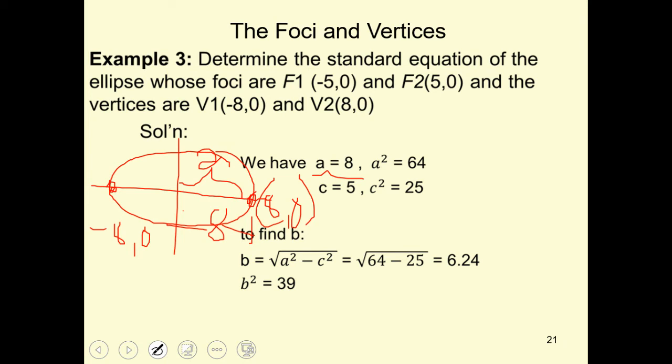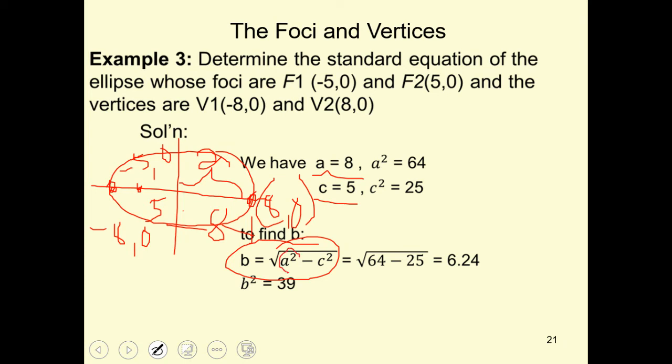We are looking for A and C so that we can find B. For C, since the focus is negative 5, 0, your C is 5. So C squared is 25. To find B, we use the Pythagorean theorem, class.